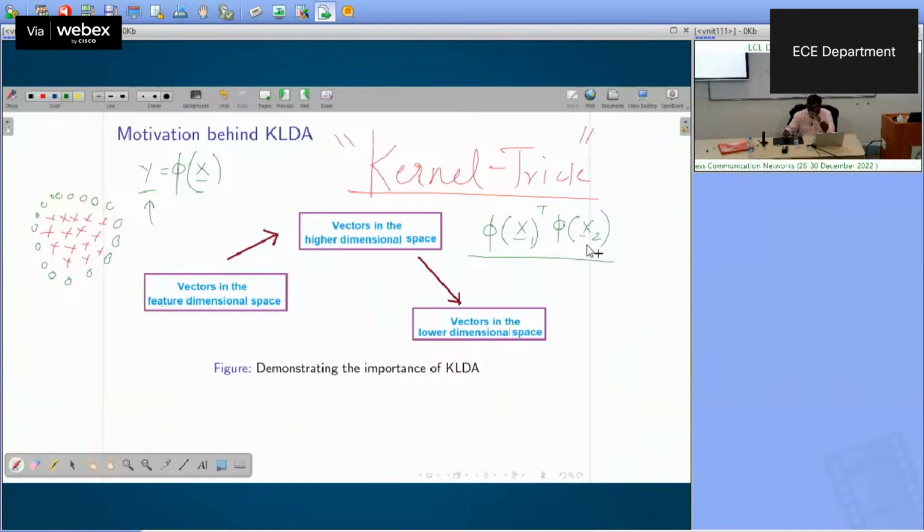Phi of x1 is a vector in the higher dimensional space, phi of x2 is in the higher dimensional space, and you take the inner product of those. This inner product you are going to call the kernel function.